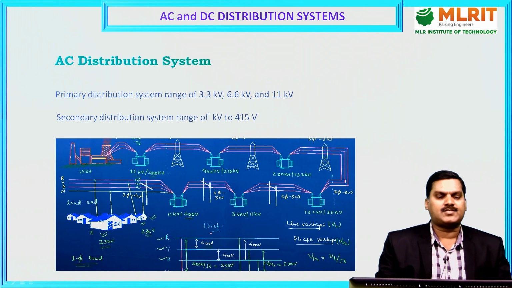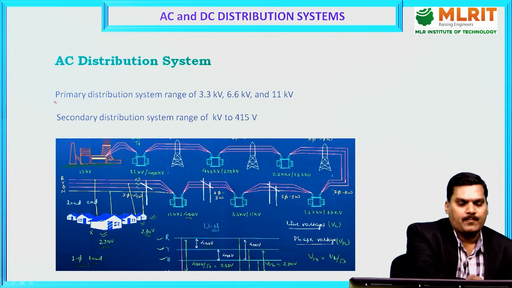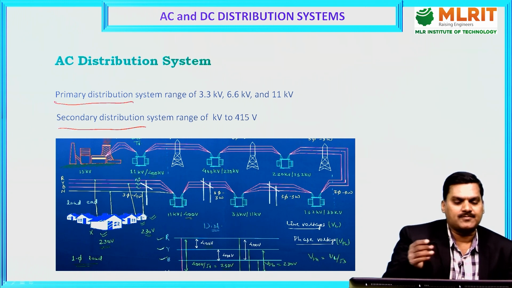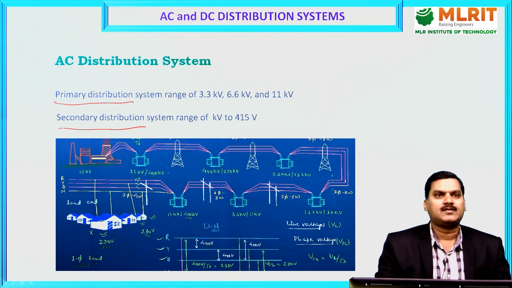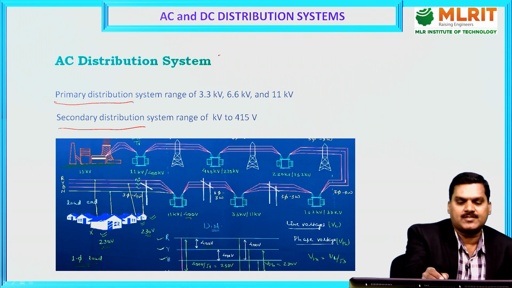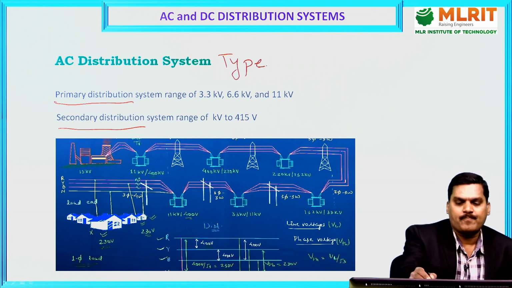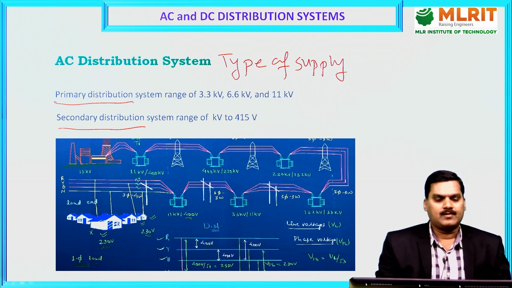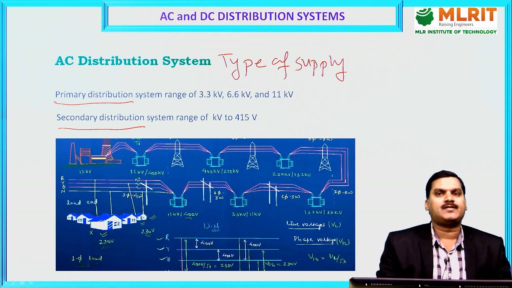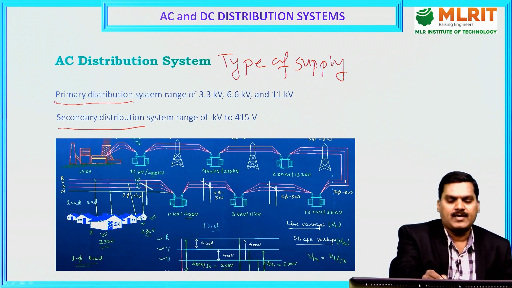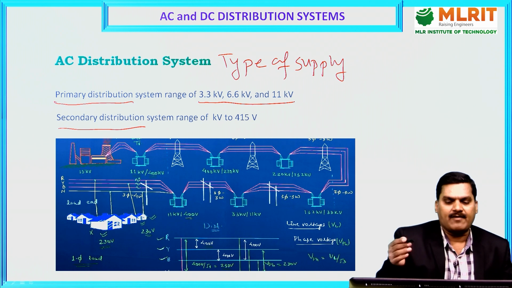The AC distribution system comes under type of supply. Within the AC distribution system, we have two types: primary distribution and secondary distribution. We call the primary distribution system the one that ranges from 3.3 kV to 11 kV and above.